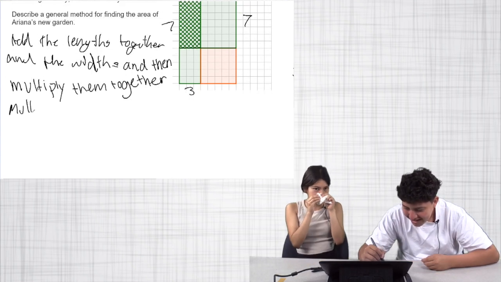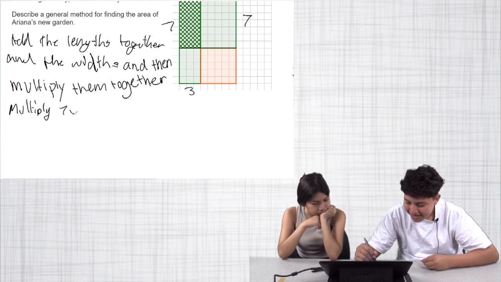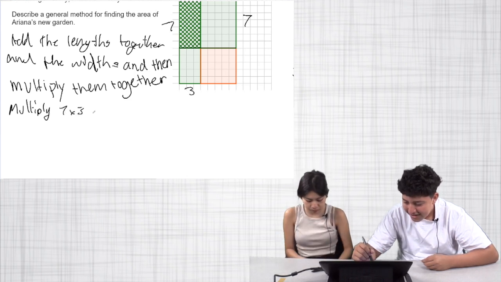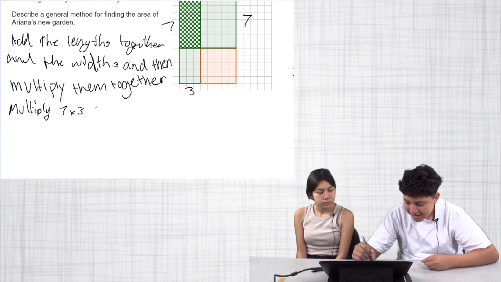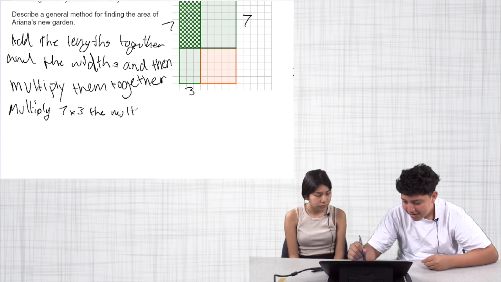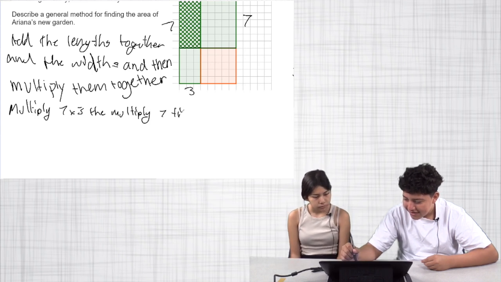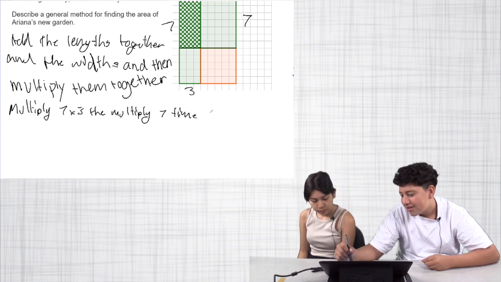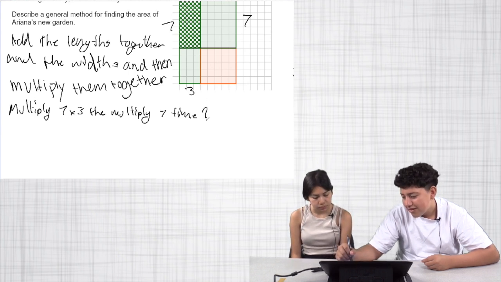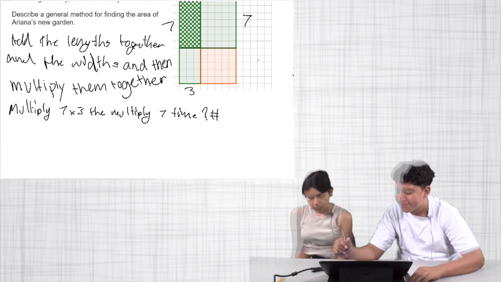Multiply 7 times 3. Then 7 times. Or you call the question mark number, that's the unknown number? Yeah. Okay.